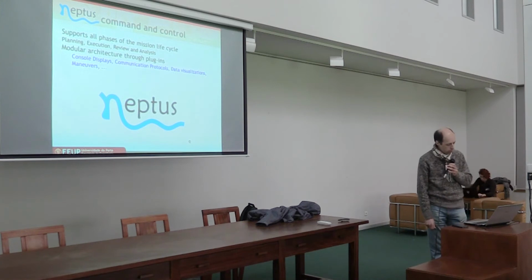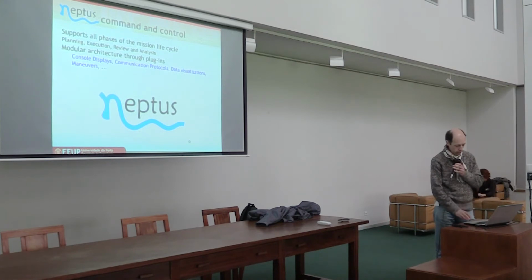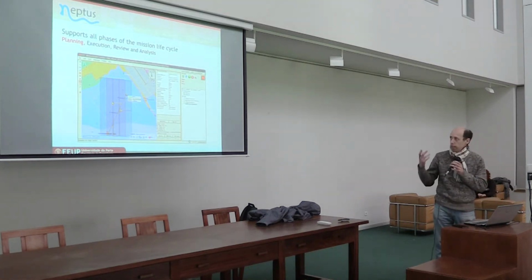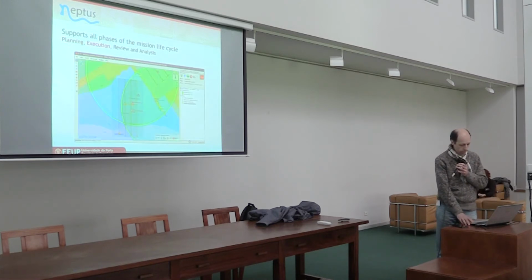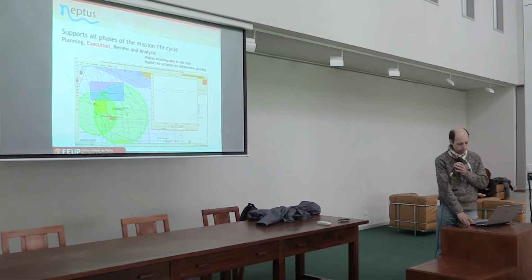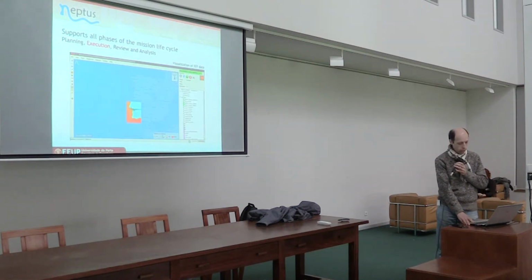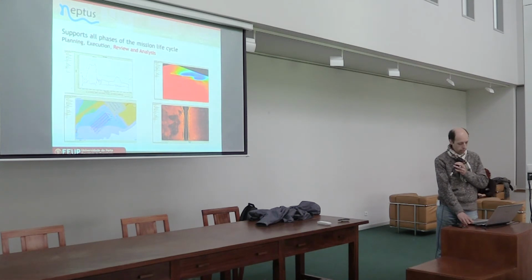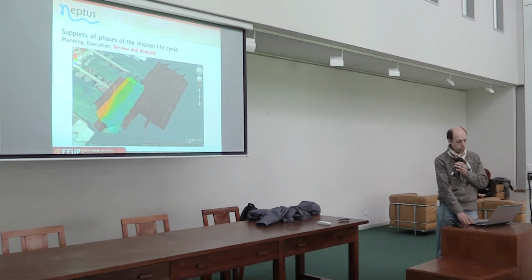Basically it's just adding some charts which enhance the available components on Neptus. So you have the planning, which is composed by a console, an operating console. Then the execution, where you can do monitoring, which is also on the console, and then you have the review and analysis, where you can add visualizations and view the data or export the data.